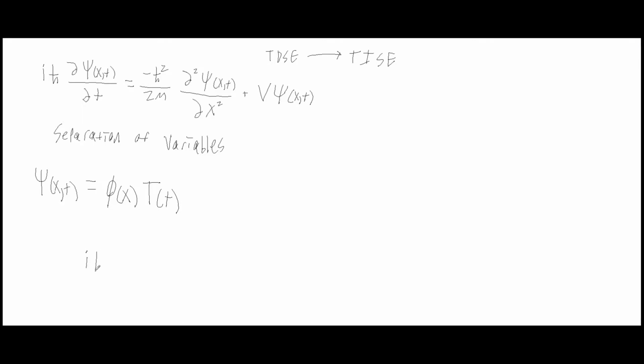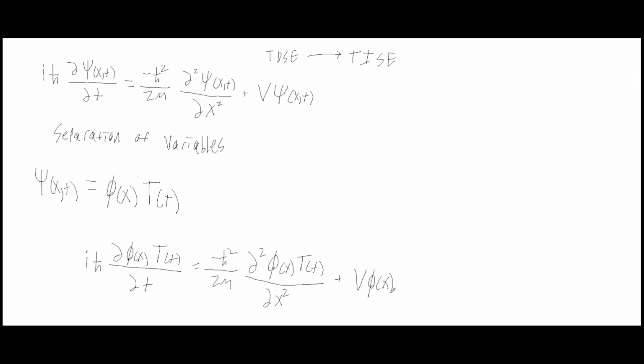That gives us i h bar multiplied by the partial of phi of x multiplied by t, with respect to t, equal to minus h bar squared over 2m multiplied by the second partial of phi as a function of x, multiplied by t as a function of time, with respect to space, plus our potential multiplied by phi of x and t of time.